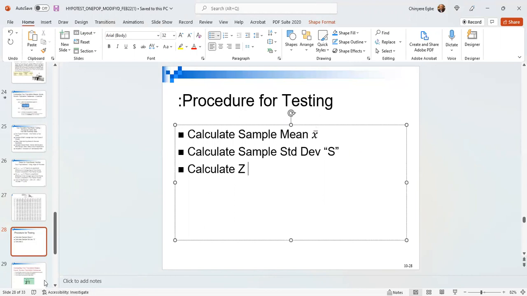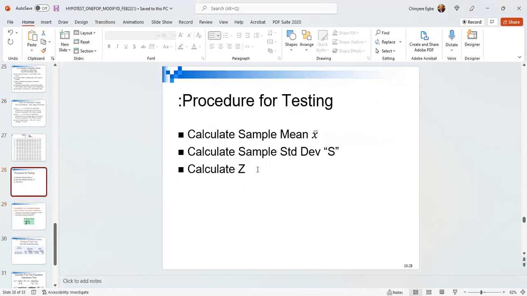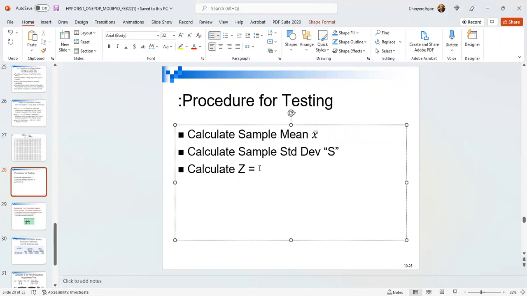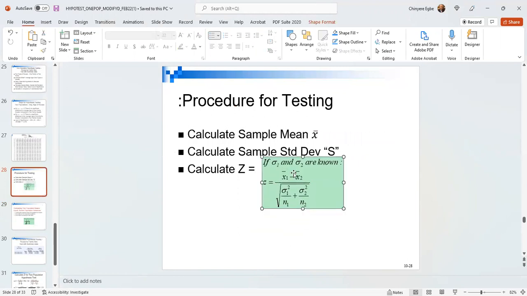And Z is calculated using X bar 1 minus X bar 2 divided by the square root of S1 squared over N1 plus S2 squared over N2. That is how to calculate your Z, which is the calculated Z.